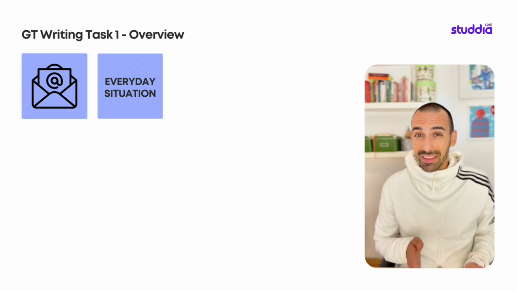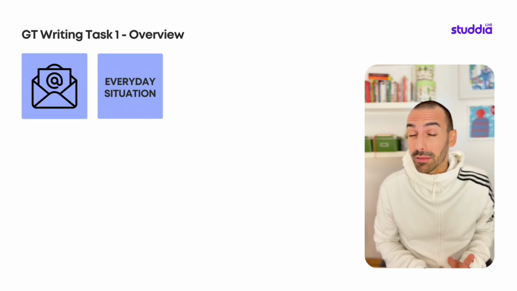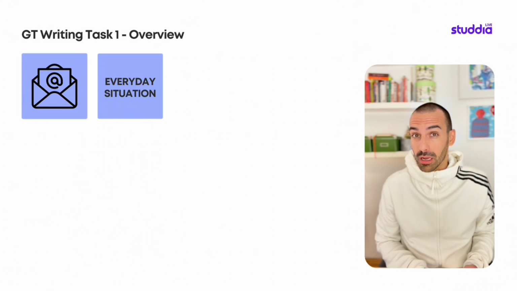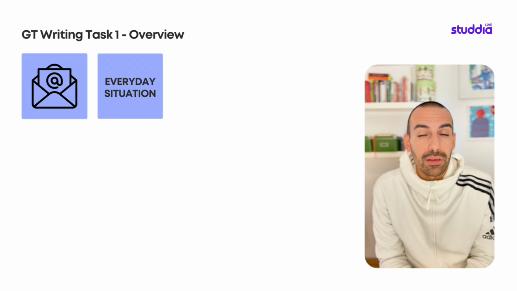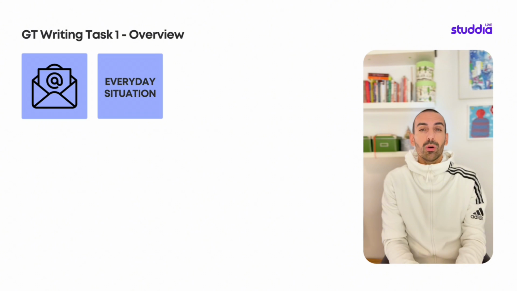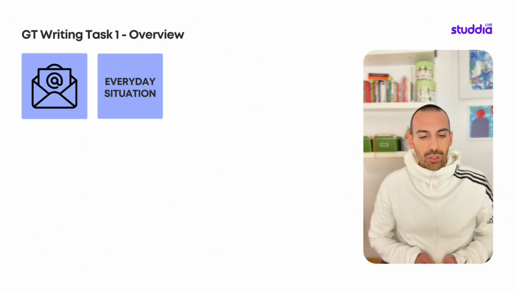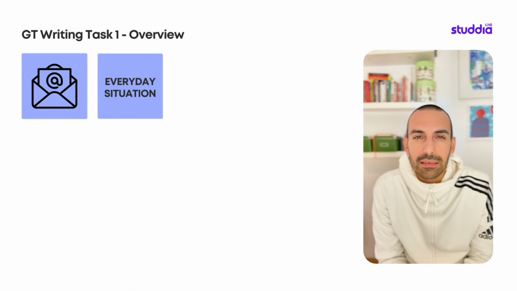And remember, this task counts as 1/3 of your total writing score, while task 2 makes up the remaining 2/3. You should check the video in the description for a full breakdown of the writing test. Now, let's go over some basic facts. You must write at least 150 words.